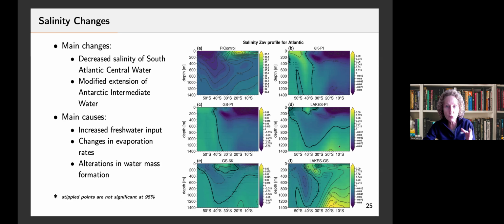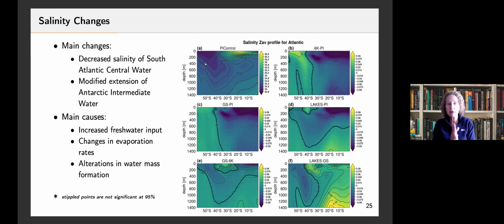One of them we can see very well here, which is the Antarctic intermediate water mass, which is characterized by a minimum in the salinity that we can see here. So we have the simulation doing a very good job of portraying this minimum in salinity associated with an important water mass.